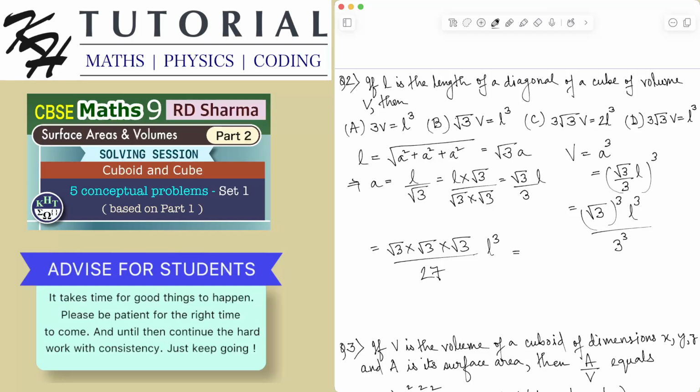This is equal to square root of 3 multiplied by square root of 3 makes 3, 3 multiplied by square root of 3 L cube by 27. Okay, this is equal to square root of 3 by 9 L cube.